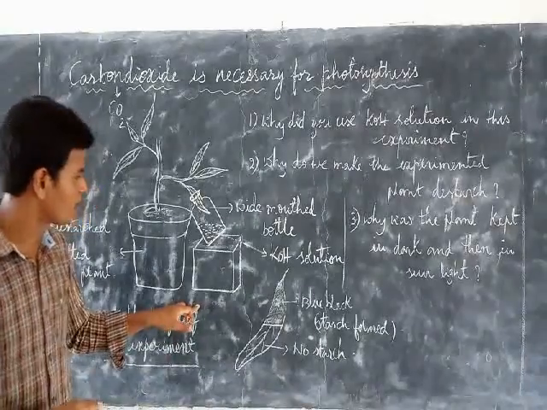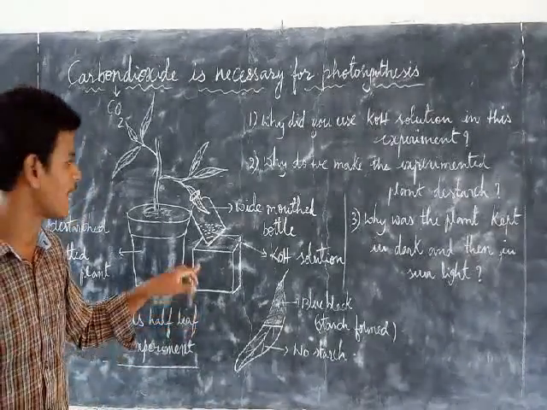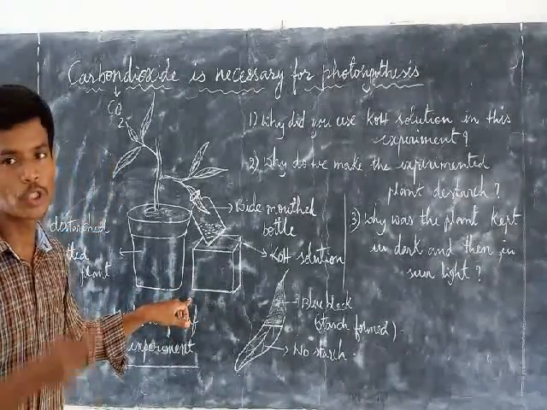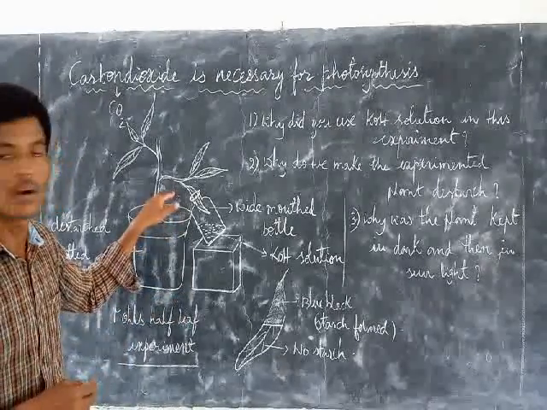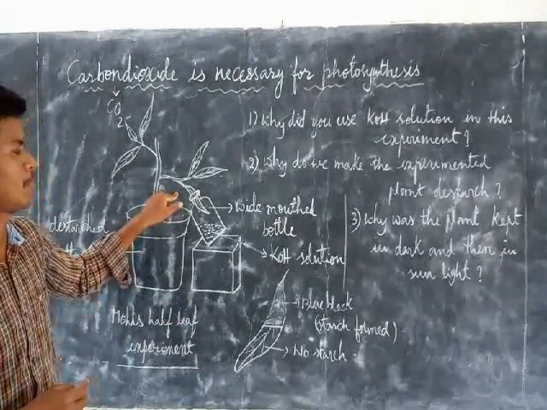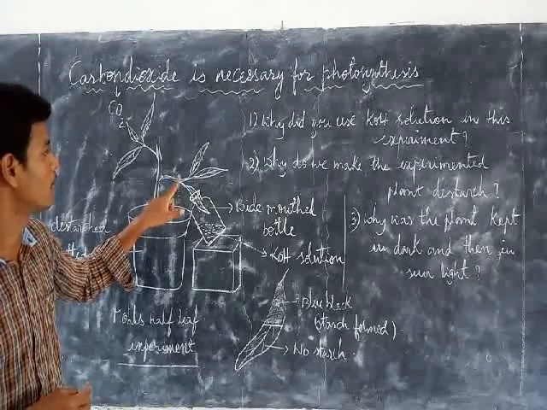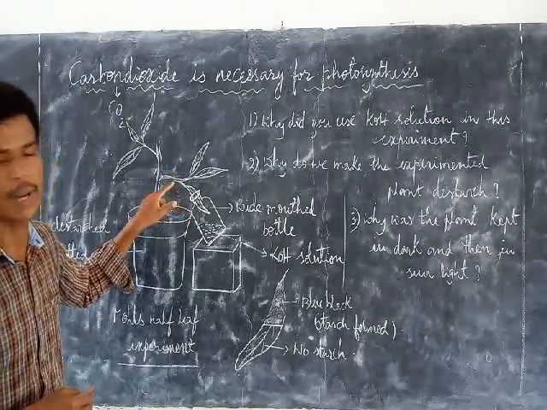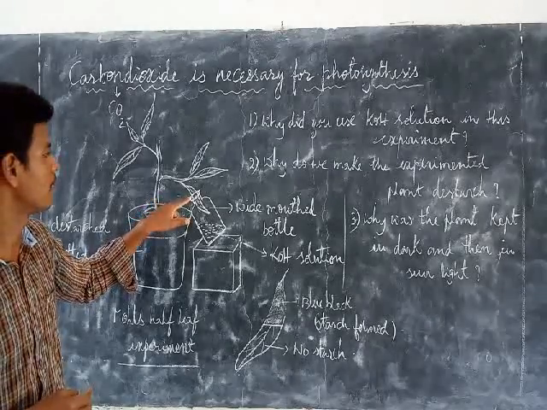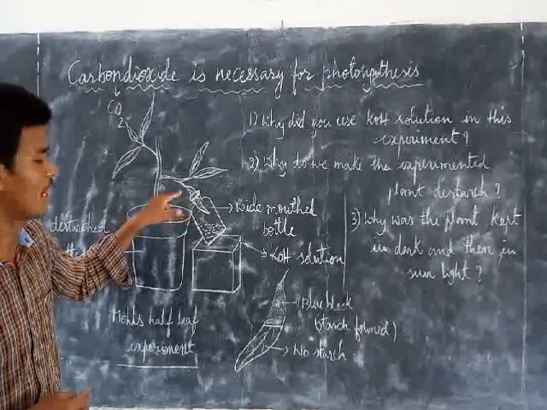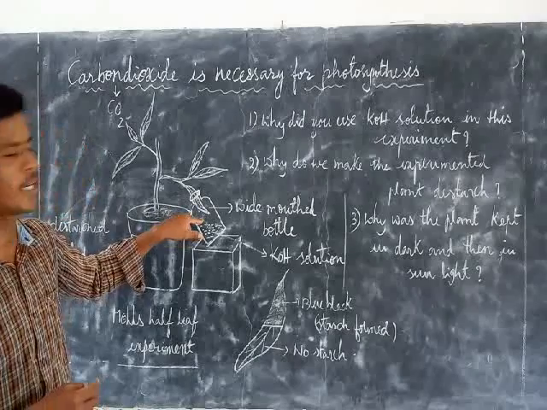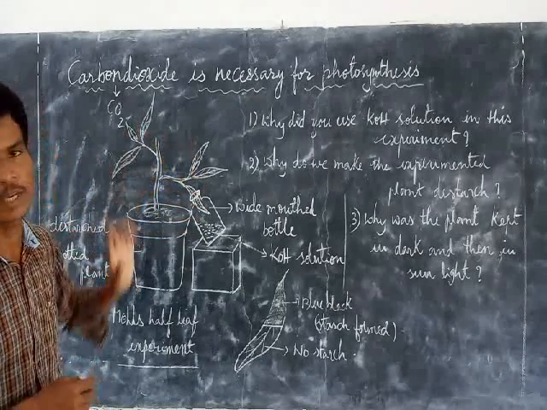If you observe, after conducting this activity, we took 2 leaves of that experimental plant. One leaf is inserted in the transparent bottle, and another leaf is from the same plant.